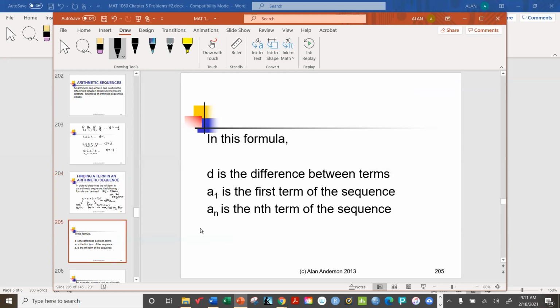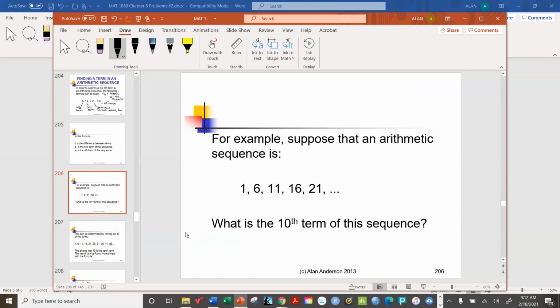So now let's try it. In this case, for example, what is the 10th term of the sequence? All right, so the formula, let me remind you, is this. So A1 is here. N is 10 because we're looking for the 10th term.